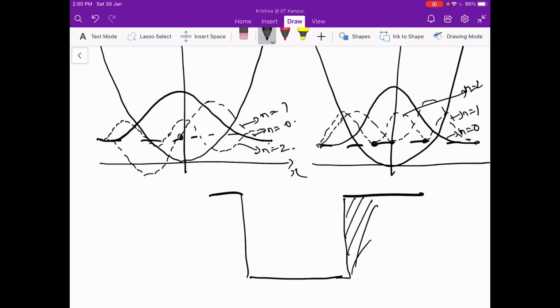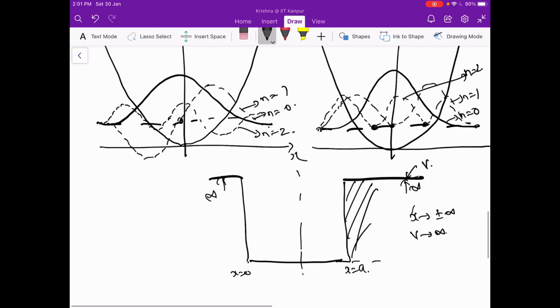So we saw this, let's say this is x equal to 0, this is x equal to a, this guy going to infinity, right? This is the potential V, and obviously as x tends to plus or minus infinity, V tends to infinity, right? And under these conditions, what were the solutions for a square well potential?